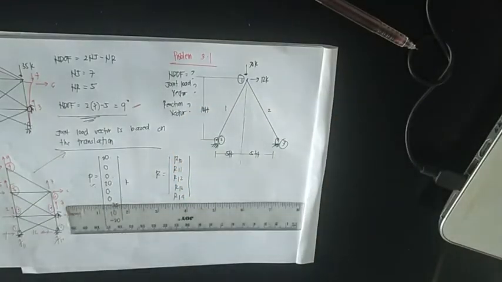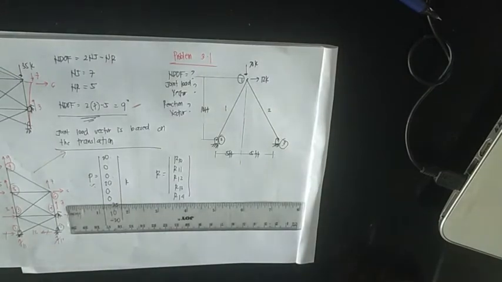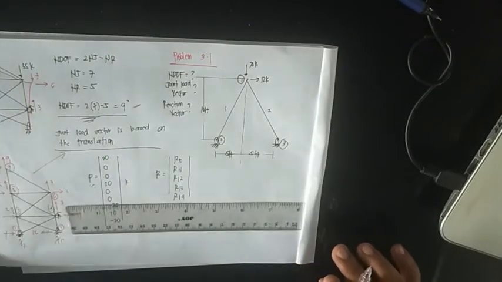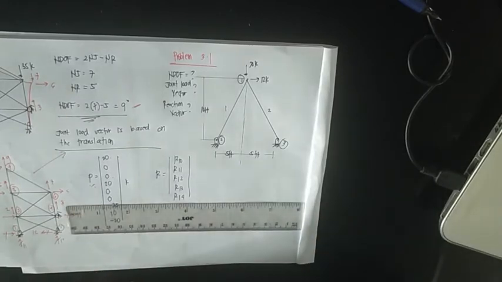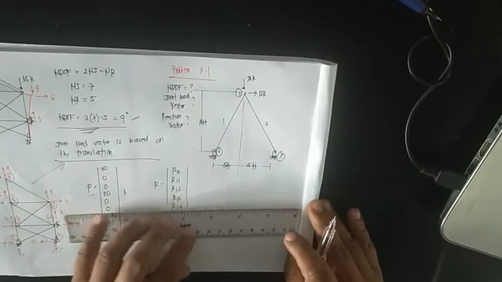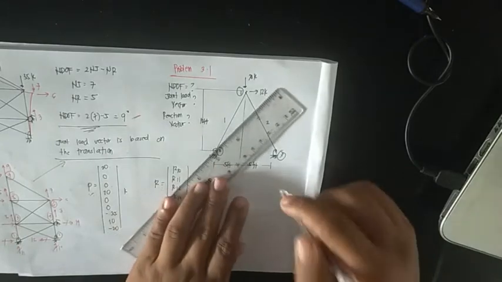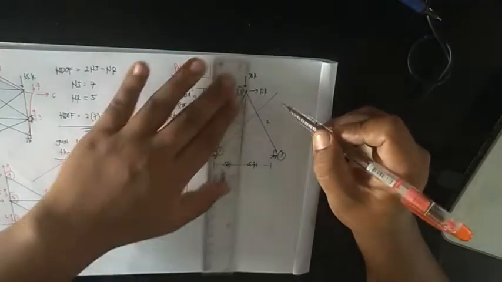Okay? We want to determine these three. So, again, if you do not want to use the formula, or you want to check it by seeing the diagram, what we can predict here is it will go like this.